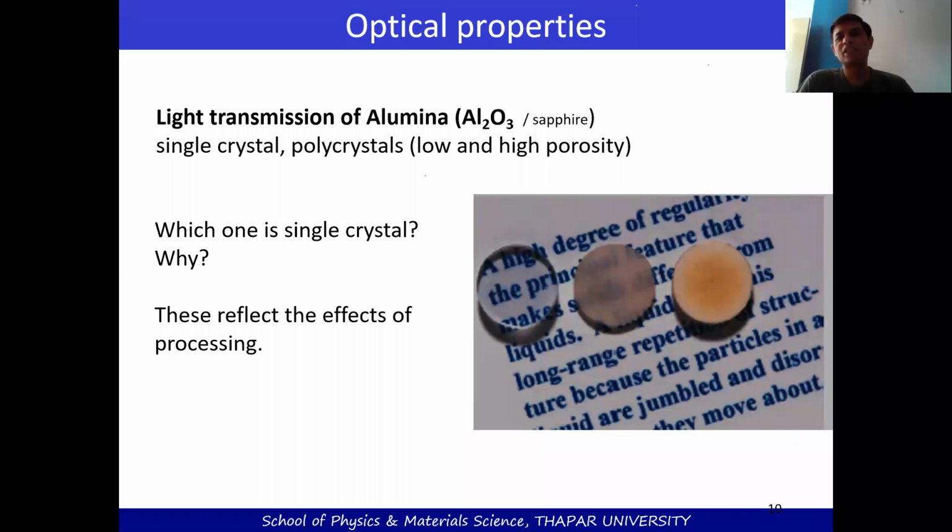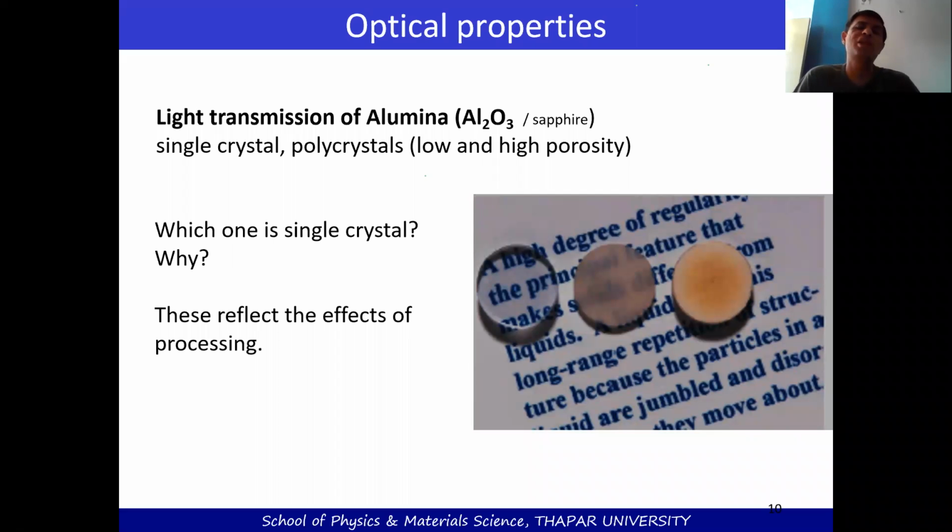What you can see is the first leftmost piece is completely transparent, and you can see the light transmit completely from the first piece of alumina, while the intermediate or second middle piece is semi-transparent.